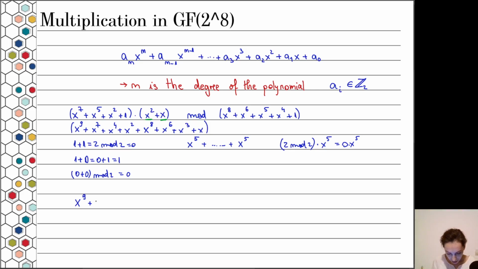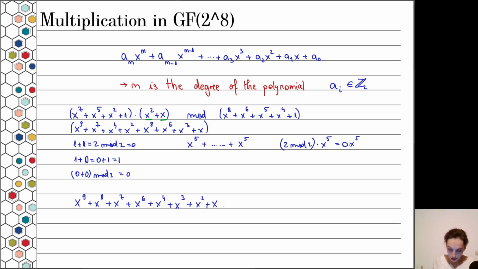X powered by 9 plus x powered by 8 plus x powered by 7 plus x powered by 6 plus x powered by 4 plus x powered by 3 plus x powered by 2 plus x.